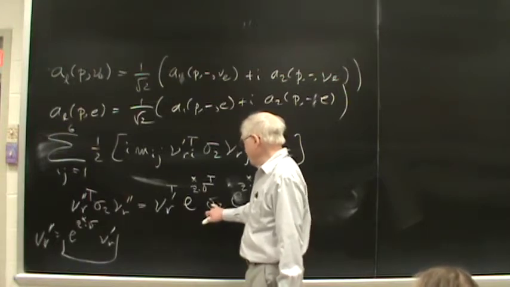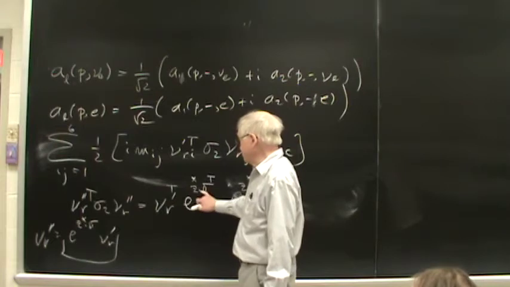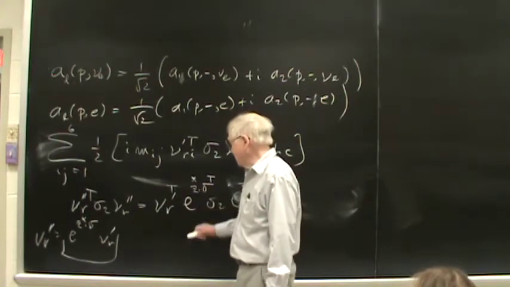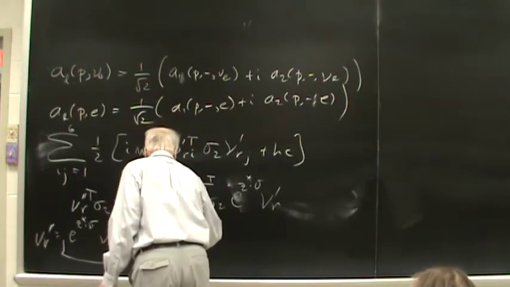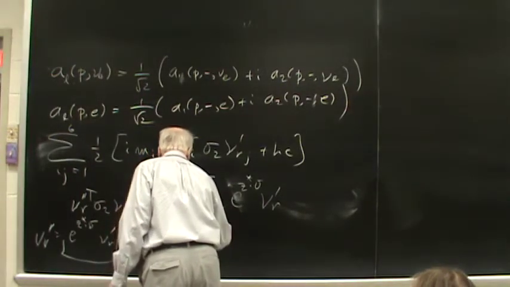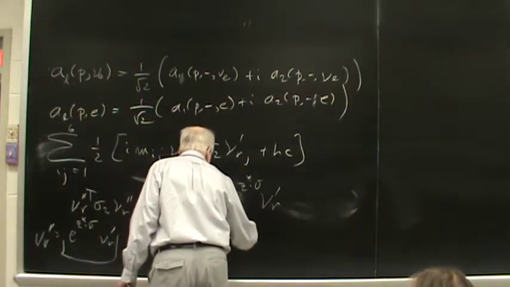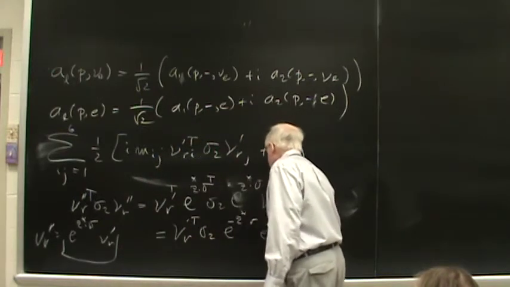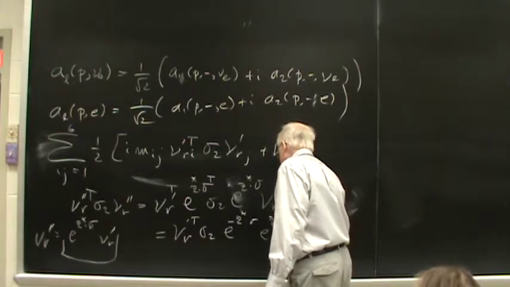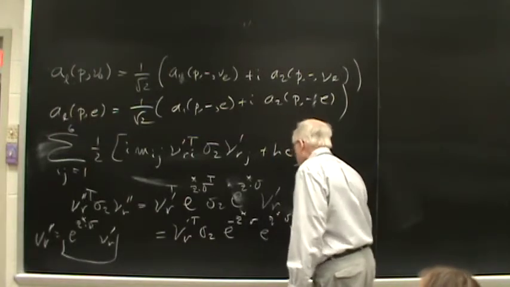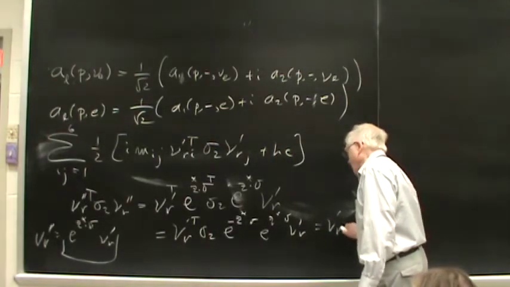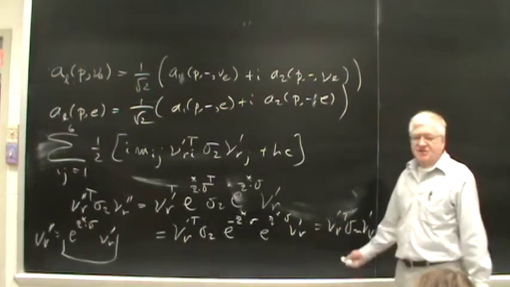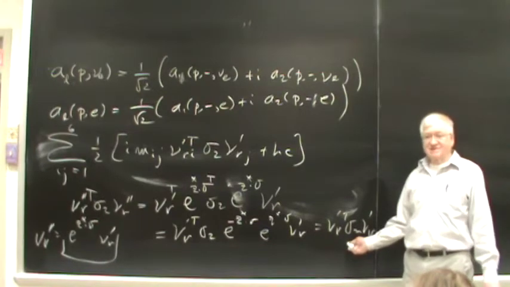And if we pull the sigma 2 through, it flips the sign of sigma 1 and sigma 3. So everybody changes sign. This is the same thing as nu right prime transpose sigma 2 e to the minus z star dot sigma e to the z star dot sigma nu prime right, which is to say nu prime right transpose sigma 2 nu prime right. Okay, so that's why the Majorana mass term is invariant.